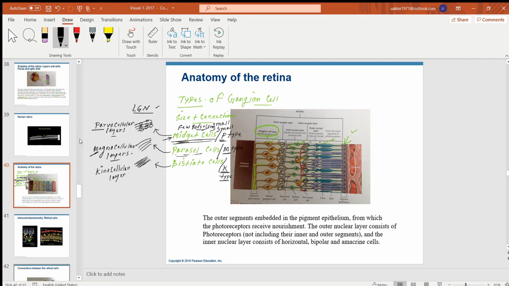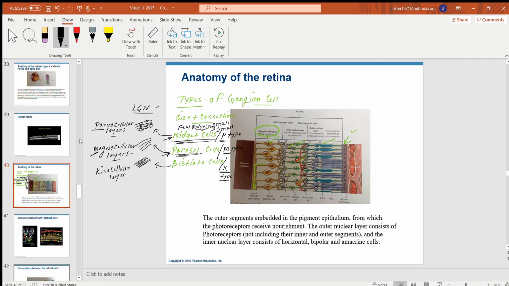Parasol cells are larger. The cell body of a parasol cell is bigger than midget cell, and also the dendritic arbor or branches are much bigger, and they are mainly activated by the contrast. So small contrast can activate these cells.